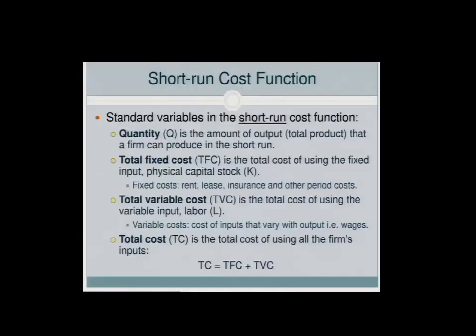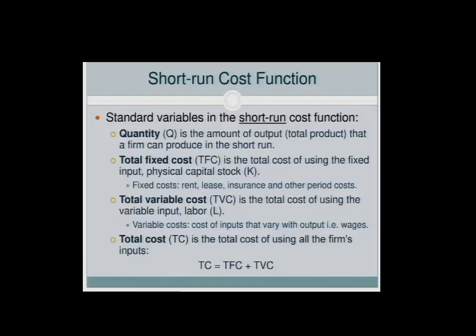So, cost functions. Where there is production, there is always cost. Definitions: standard variables in the short run. Quantity is just the output, the number of products produced. Fixed costs are costs associated with fixed inputs, let's say capital. We usually lease the capital and pay periodic costs. Regardless of how many units we produce, we pay the same amount every year, every month maybe.